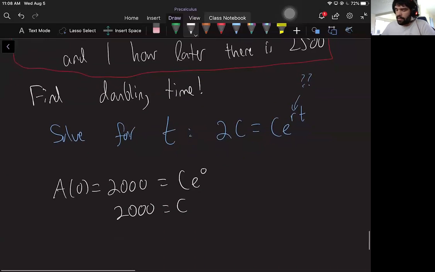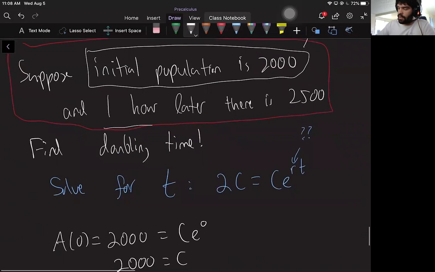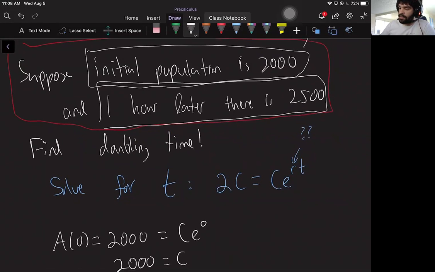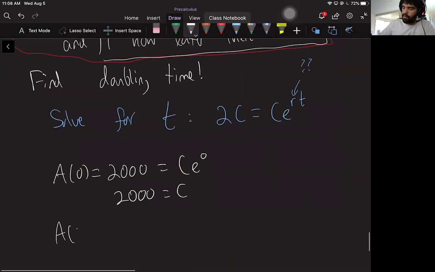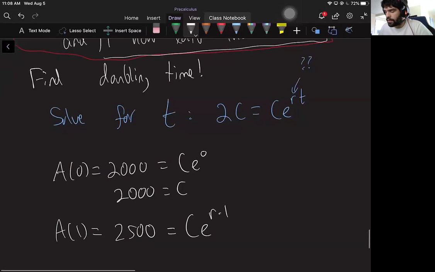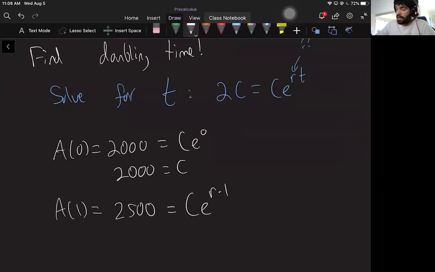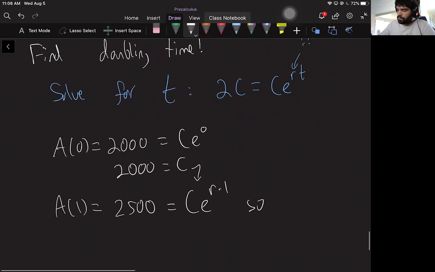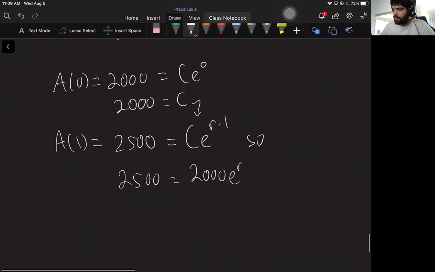The other piece of information we're given, the 1 hour later, is telling us that when I plug in 1, the amount at that time is 2,500. So c e to the r times 1 gets me 2,500. Because I now know c is 2,000, I can plug that in there, and then I can solve for r.